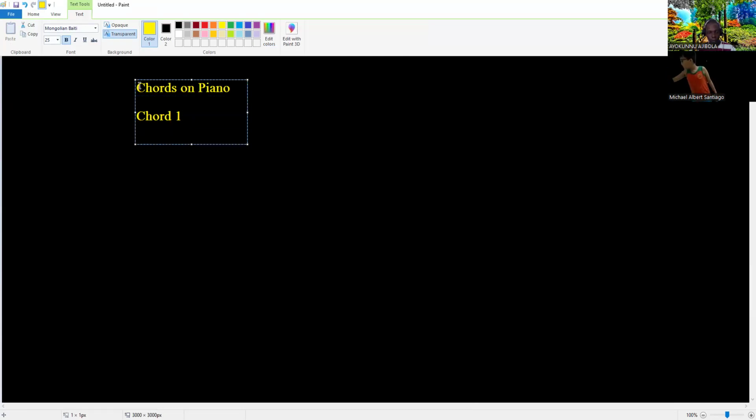The notes of chord 1 are C, E, and G. But usually we play 2, which is C and G. That's why I showed you that. Then chord 2.